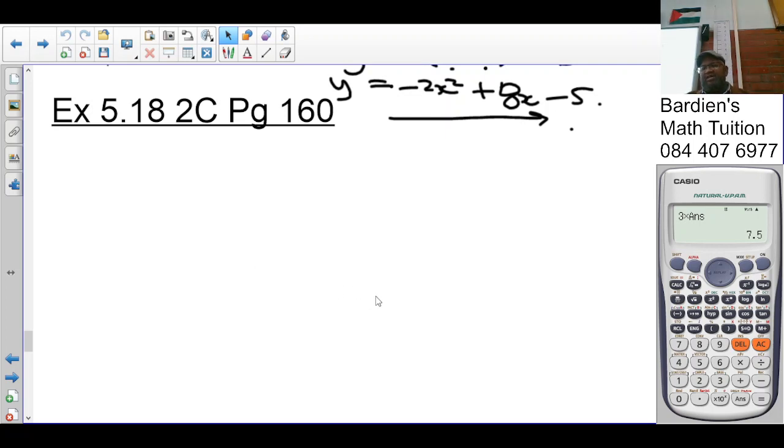Was there any problem with 5.18? Yes, you had a problem. What was the problem? 2D, 3D, 1D, 3D. Any other issues?